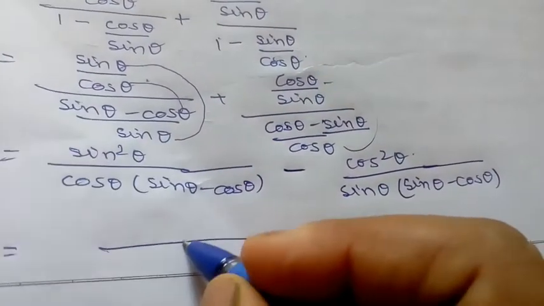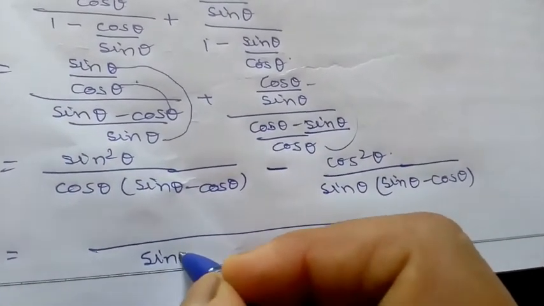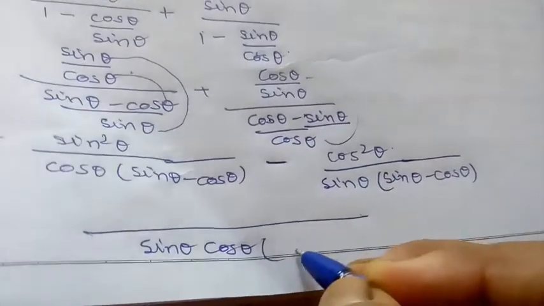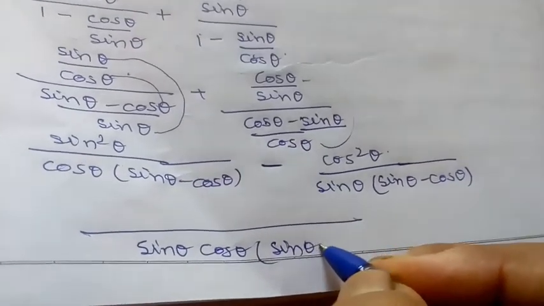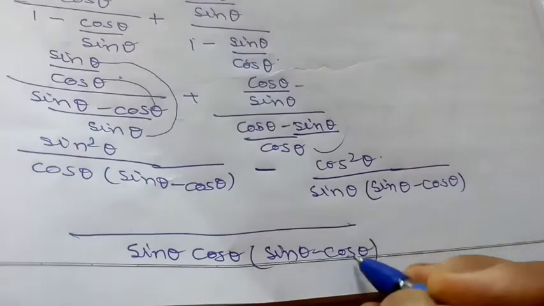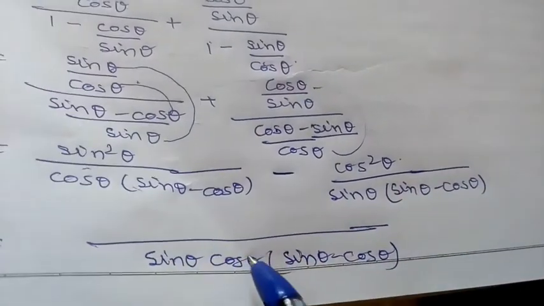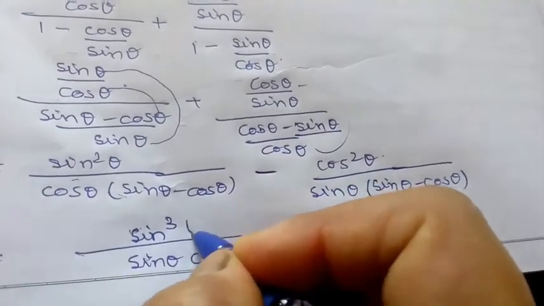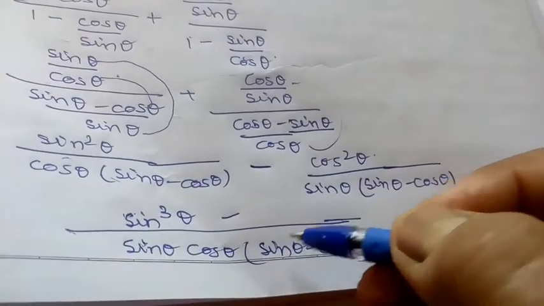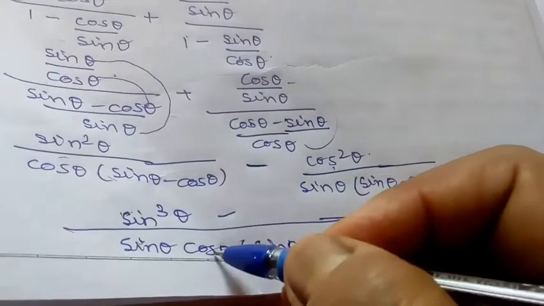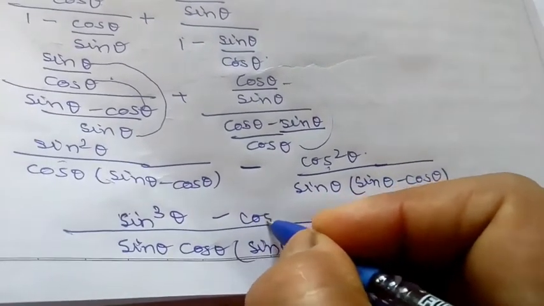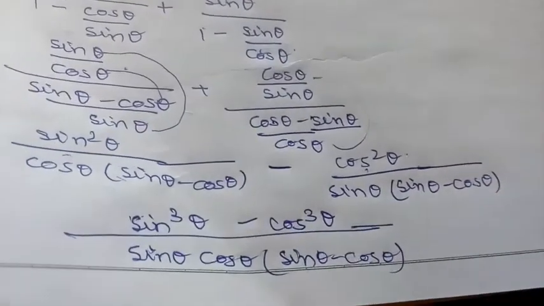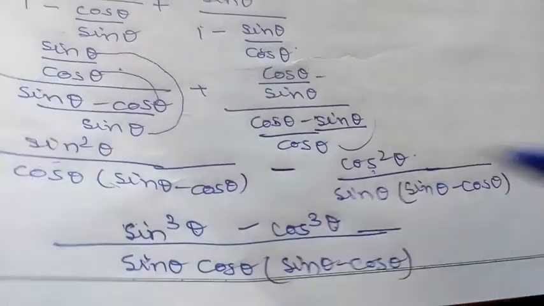By taking LCM, solve this: sin theta cos theta (sin theta minus cos theta). If we cancel cos theta, we get sin cube theta, and here we get cos cube theta. I'm using the formula a cube minus b cube, a cube minus b cube equal to a minus b.